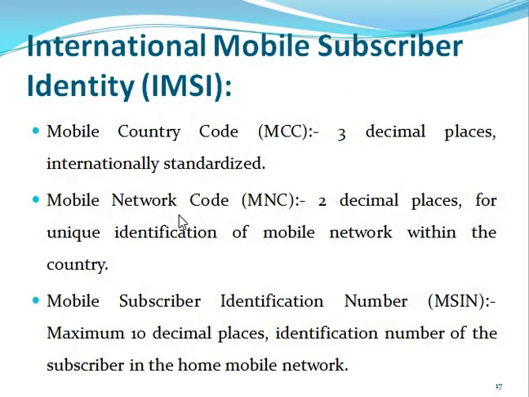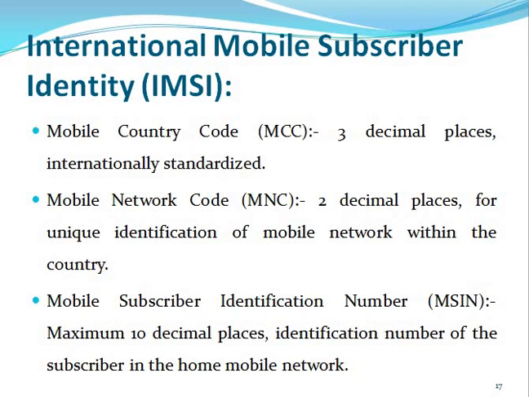Next we look at the International Mobile Subscriber Identity, called the IMSI. So what is the IMSI? How can you find that identity? First is the mobile country code, 3 decimal digits, internationally standardized. Every country has a particular country code.